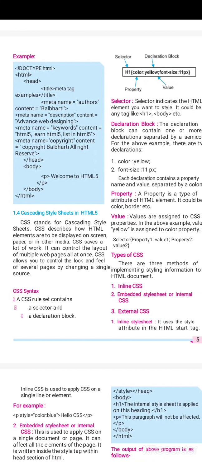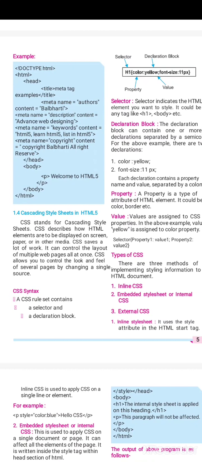Here the tag H1 is considered a selector. Color is a property, and yellow is a value for that property, while the next property is font size with a value of 11 pixel.